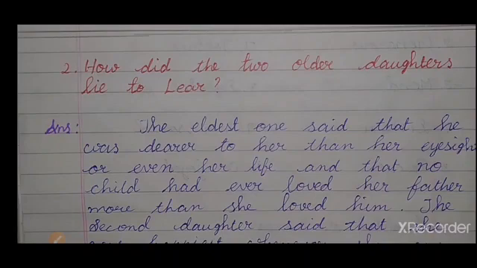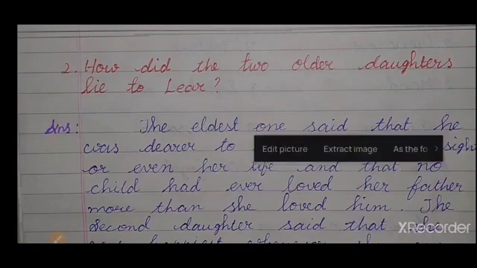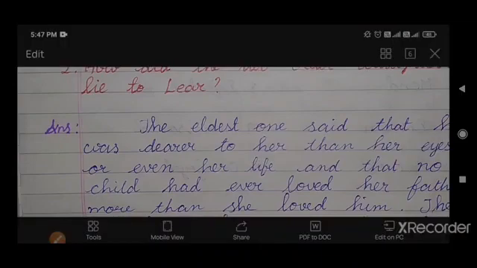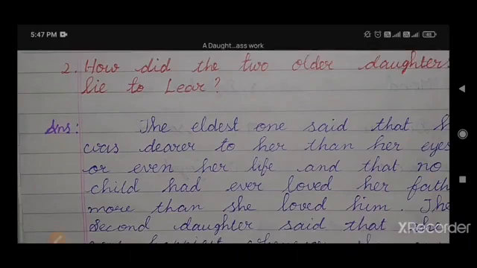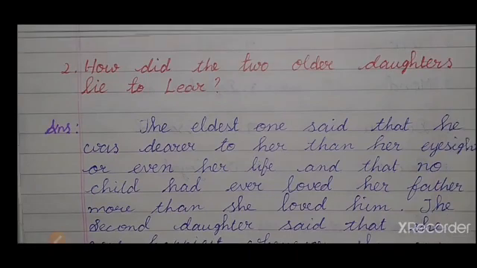How? The eldest one, Goneril, said that he was dearer to her than her eyesight or even her life, and that no child had ever loved her father more than she loved him.